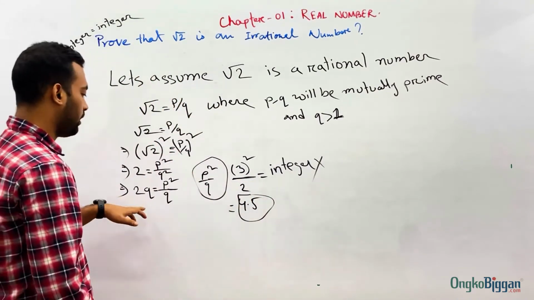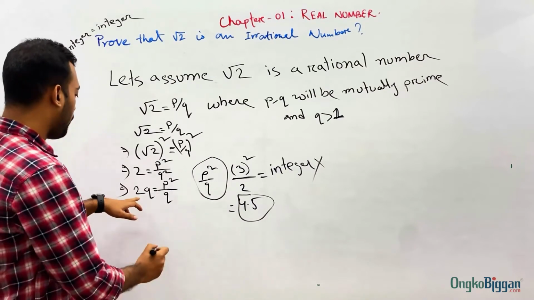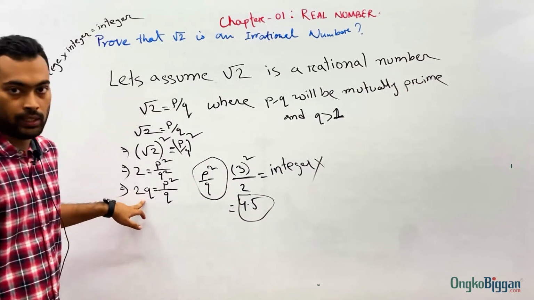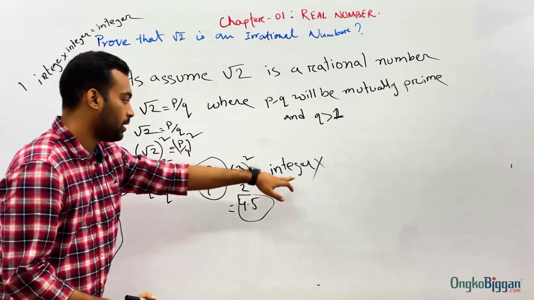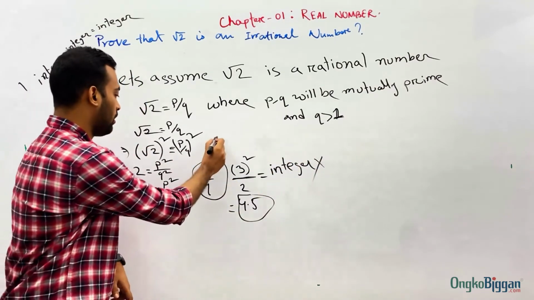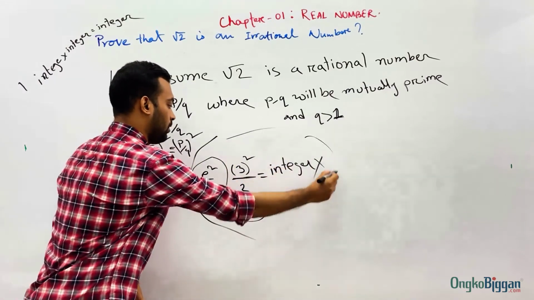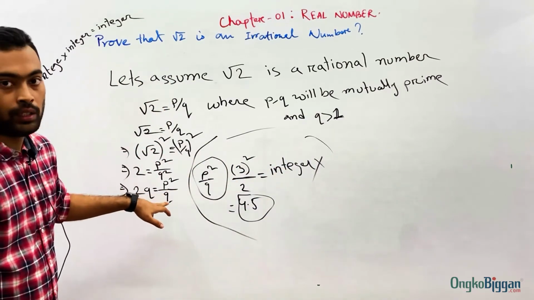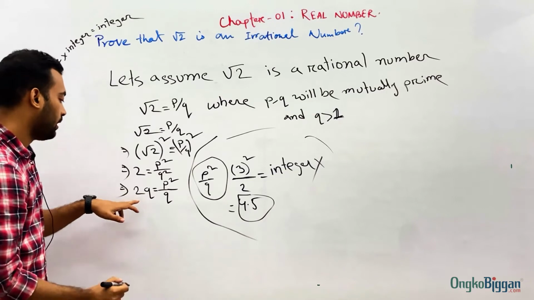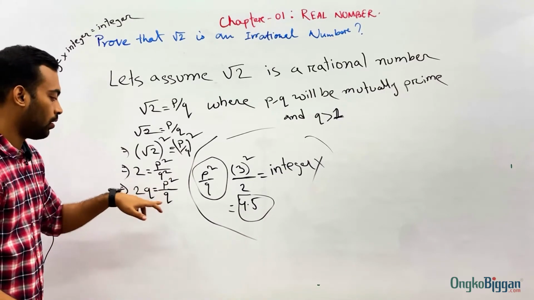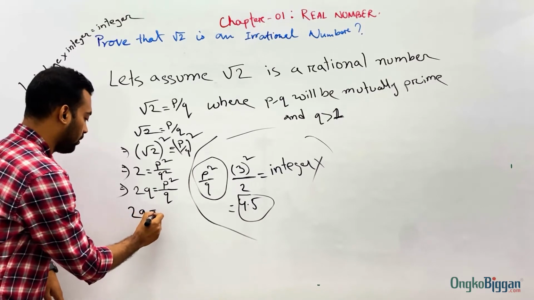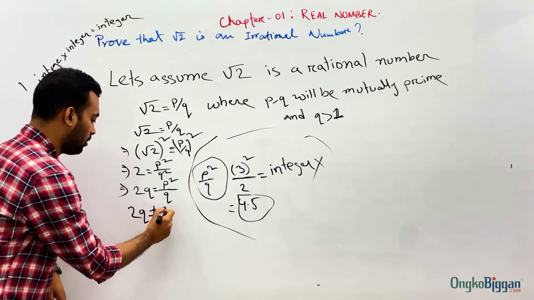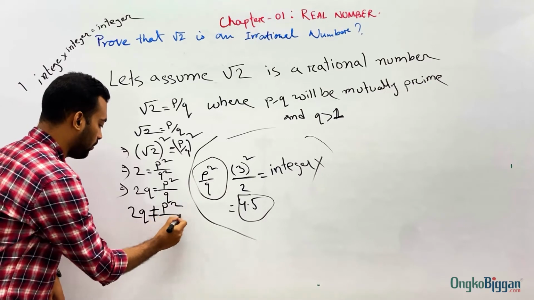So check this condition over here. Here we say that 2q is an integer and p squared by q is a non-integer. It's not an integer. Let's just keep it on the other side. This is a non-integer. So can we say that this integer is equal to p squared by q? We cannot say that these are equal. So 2q is not equal to p squared by q.